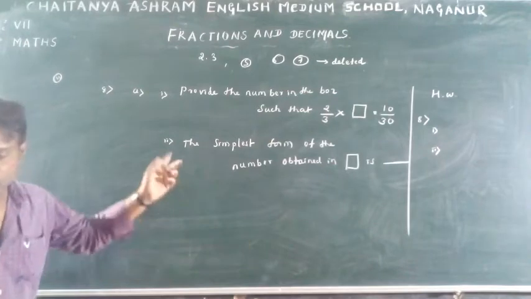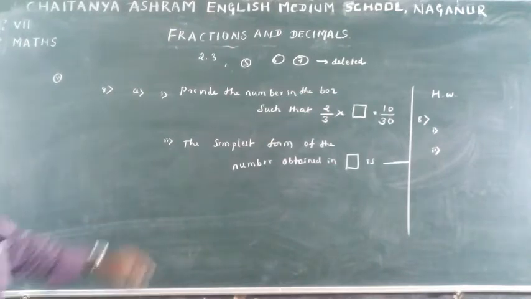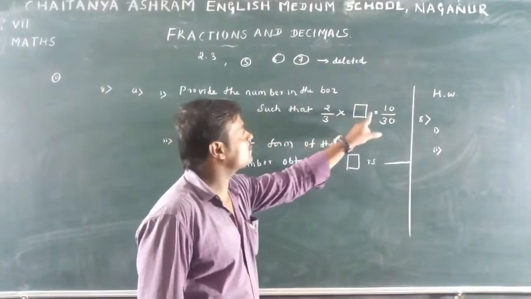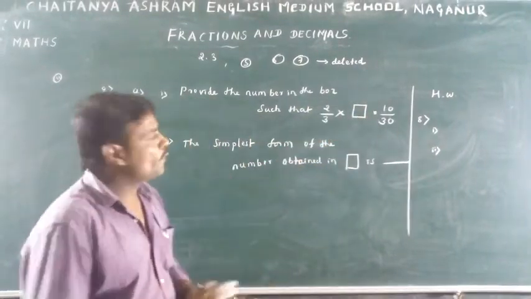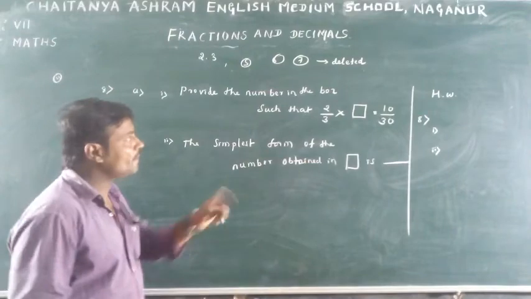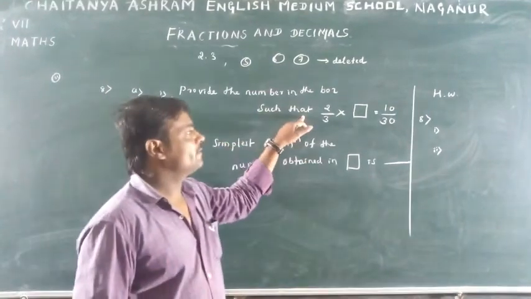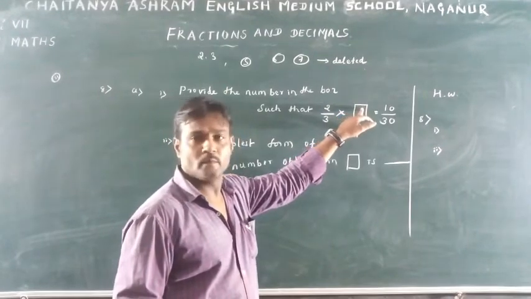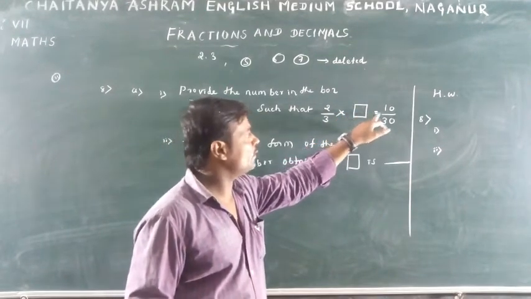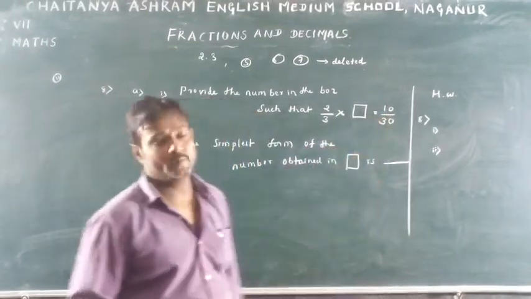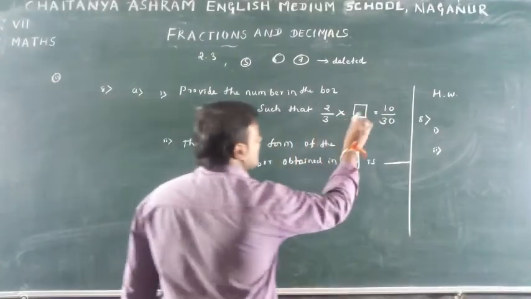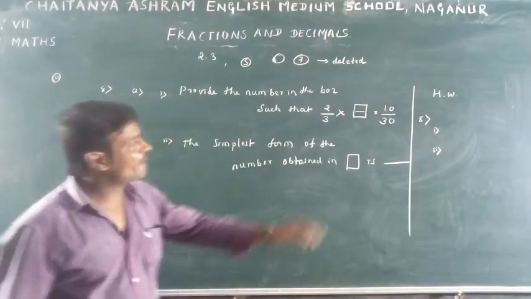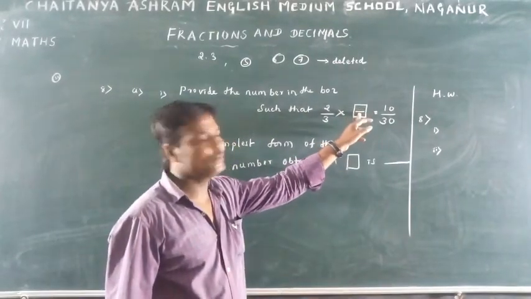Understood? Now see here. Provide the number in the box. Here is the given box, no? You have to write some number in that box such that 2 by 3 into dash is equal to 10 divided by 30. So in this box there is a fraction. This fraction has a numerator and denominator.